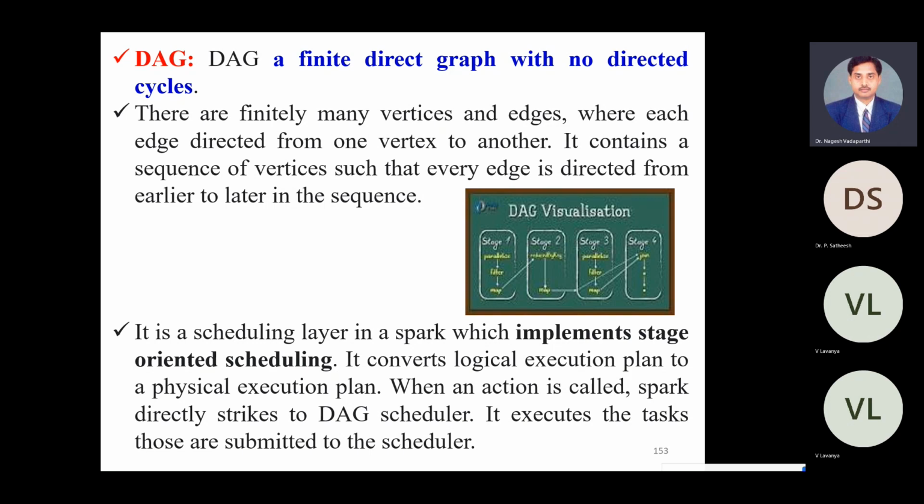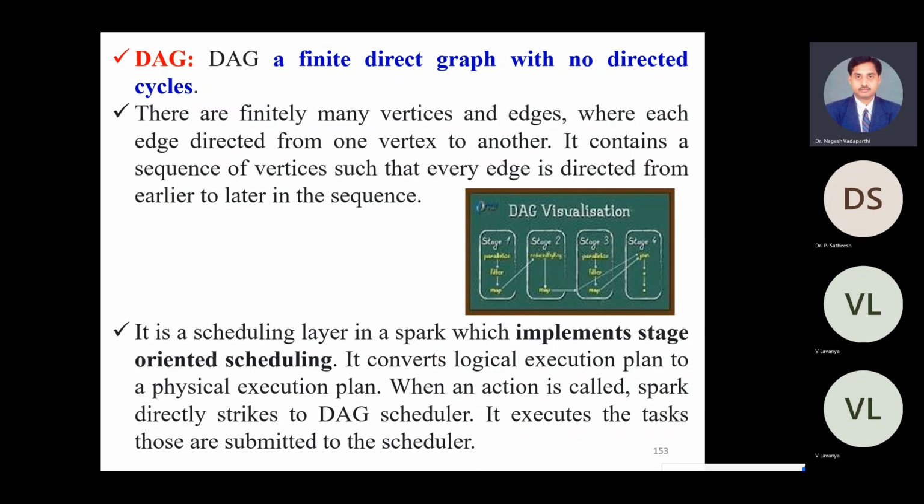One node is connected to another node by an edge. All the sub nodes, the data nodes, perform the tasks and respond to the master node. It is a scheduling layer in Spark which implements stage-oriented scheduling, meaning every stage performs its task in a parallel environment.